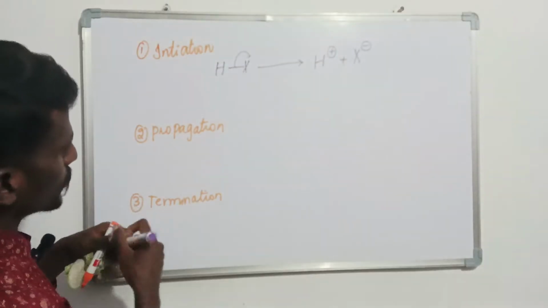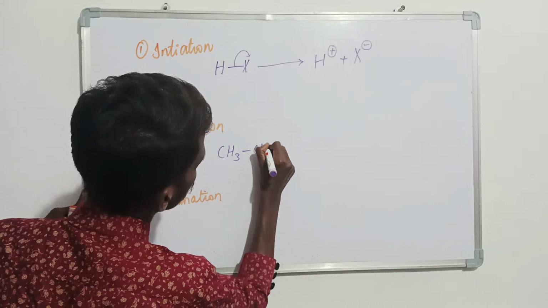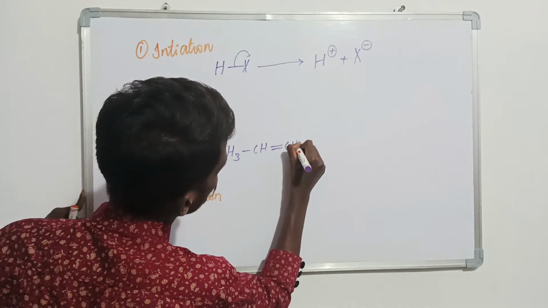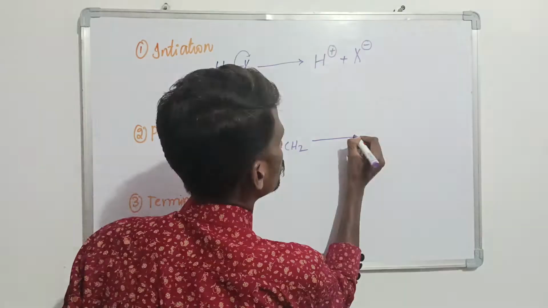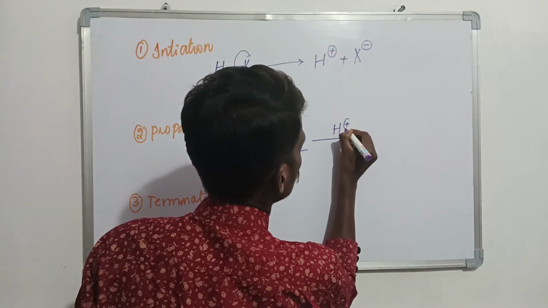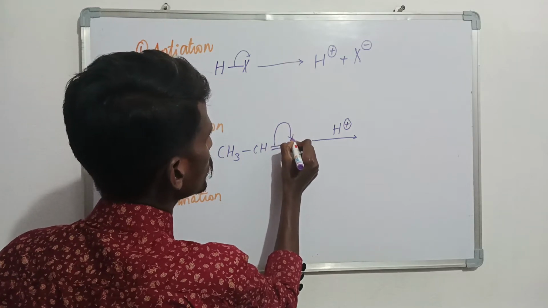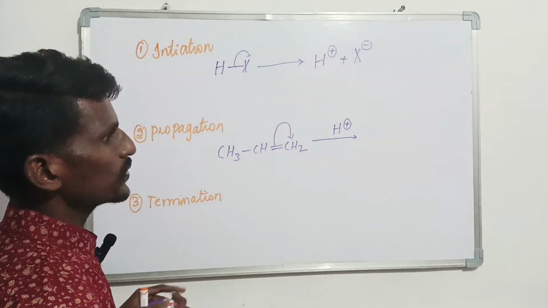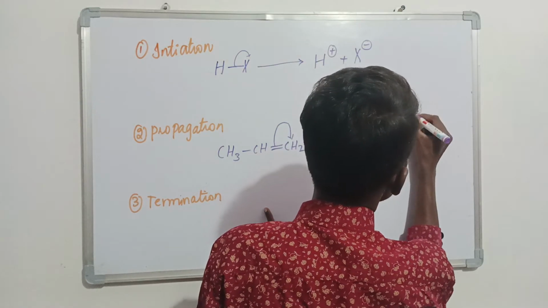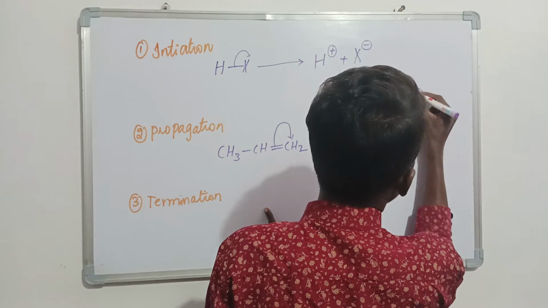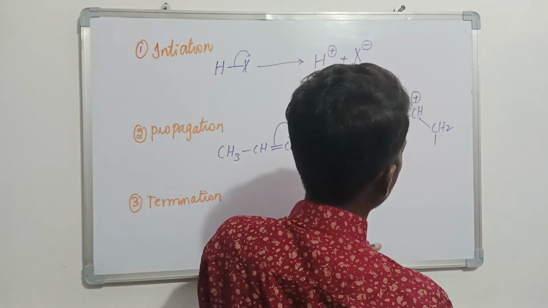Then this alkene, CH3 CH double bond CH2, in the presence of the proton, its electrons are shifted towards it, which leads to the formation of CH3 CH positive CH3, with one more hydrogen added.